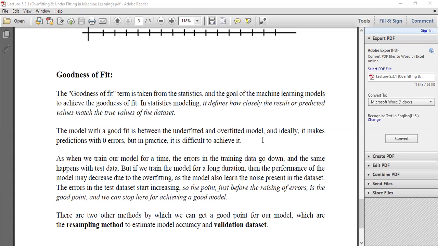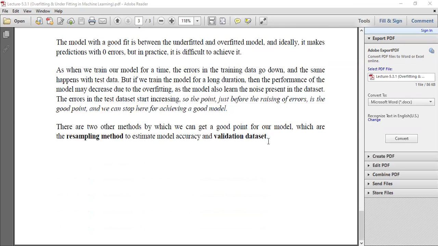So the point just before the rise of errors is the good point, and we can stop here for achieving a good model. There are two other methods by which we can get a good point for our model, which are the resampling method to estimate model accuracy and validation datasets.